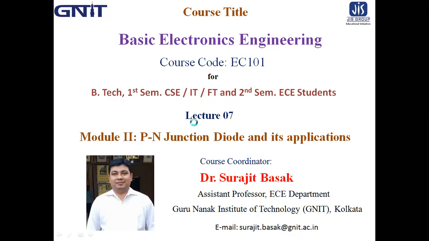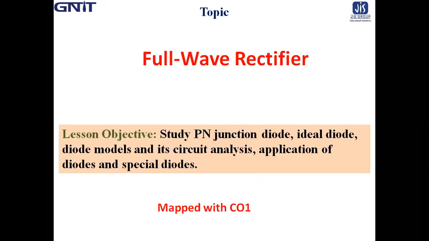Let us start lecture number 7 from the second module, PN junction diode and its applications. In the last class, we started the full wave rectifier, and accordingly we started on the center tap full wave rectifier.